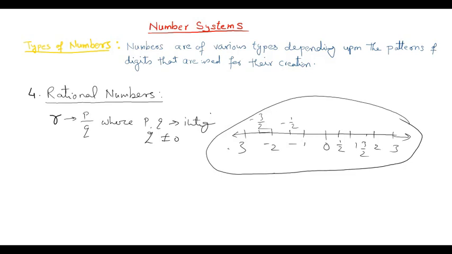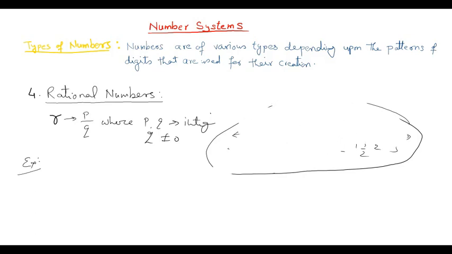Now if we want to calculate the rational numbers, there are infinite rational numbers. So we can say on this number line there are an infinite number of rational numbers. If we want to calculate the rational numbers between any two numbers, how will we calculate? Let's say, for example, we want to calculate 5 rational numbers between 1 and 2.